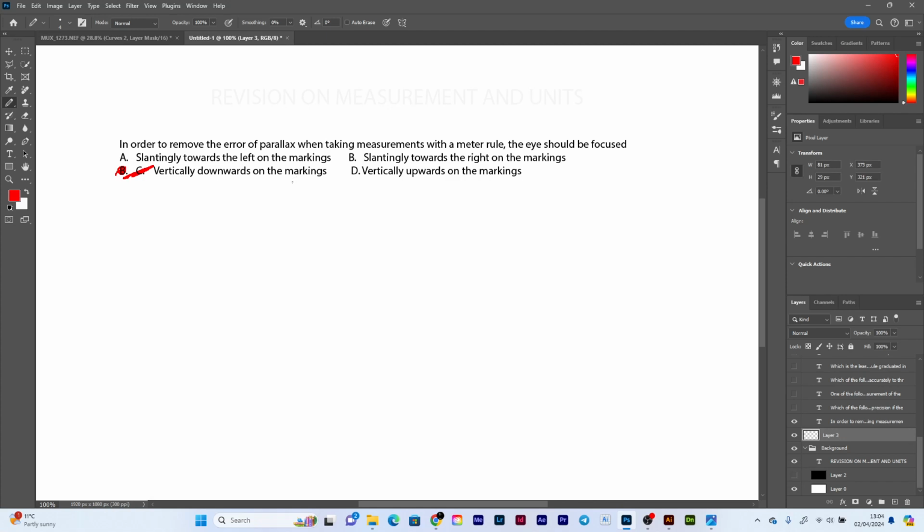Are you getting it? Error due to parallax can be prevented when horizontal levels are observed horizontally and vertical levels are observed vertically. There's nothing like horizontal levels here, right? So you have to look at it vertically downwards on the marking. I hope you understand this now. So the correct answer to this question is option C.